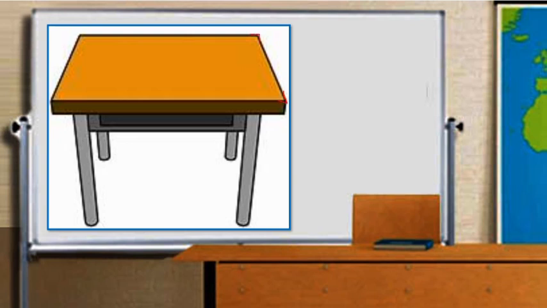So what lines do the edges or corners of our table represent? Correct, these are perpendicular lines. Because the lines of our table intersect and form square corners. That's why these are perpendicular lines.